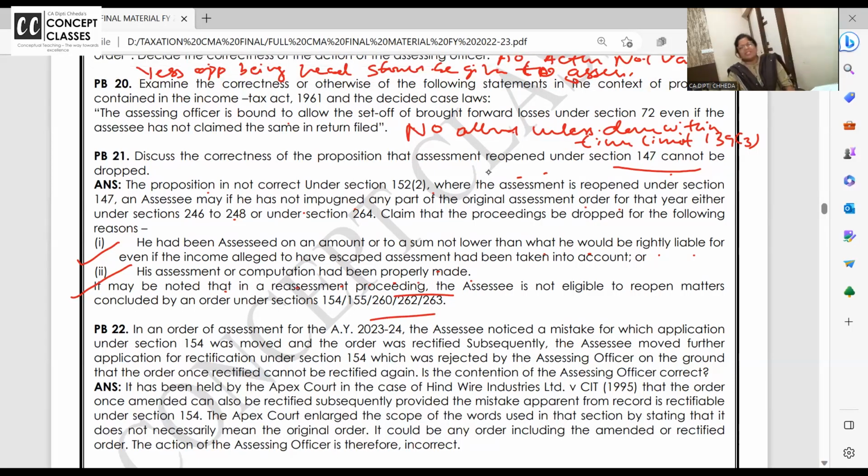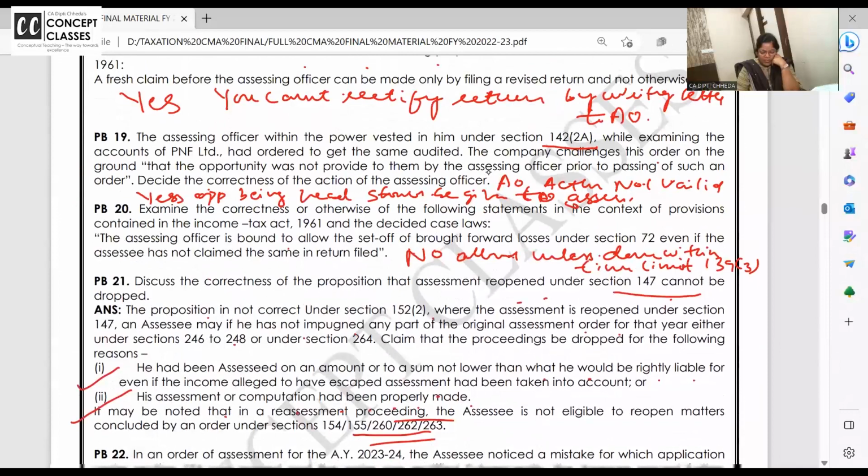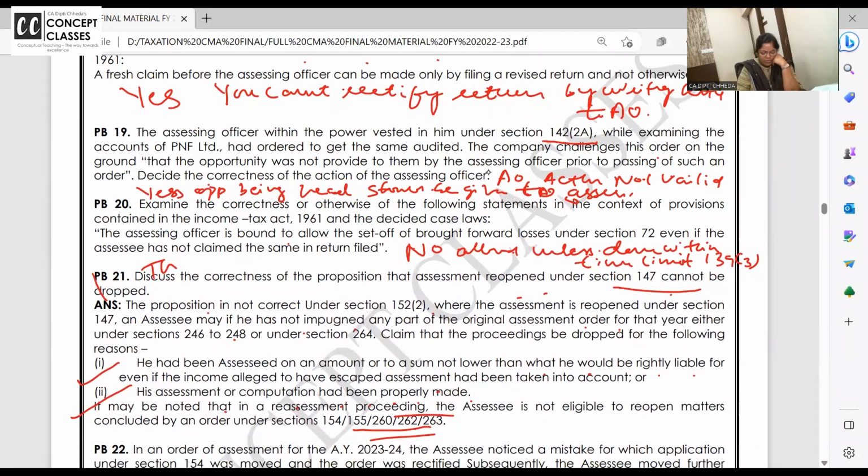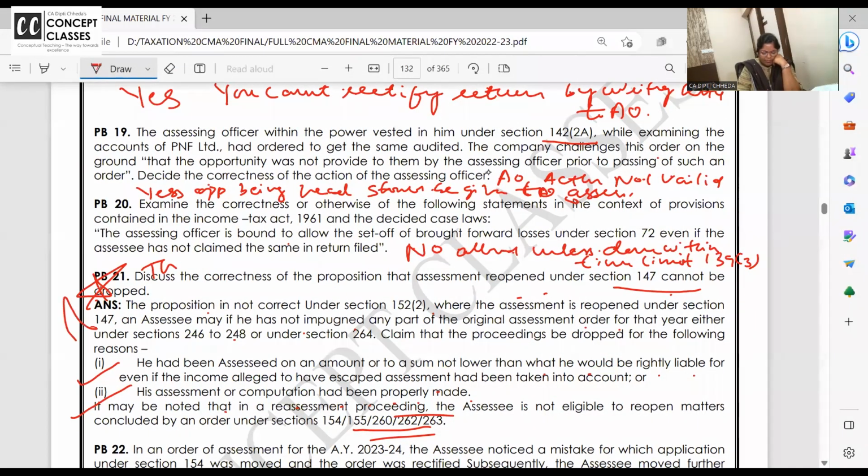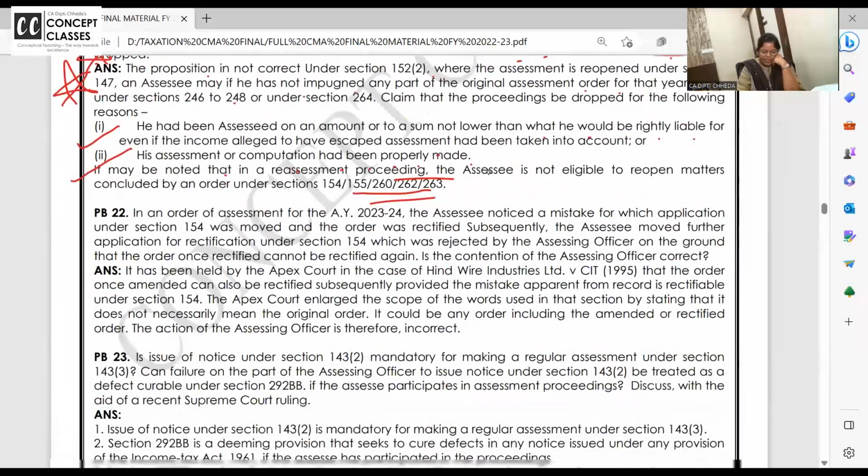Reassessment is happening somewhere, and the higher authorities have it, and you are already ending up paying more tax, then can your assessment under 147 be dropped even if they have solid proof that income has escaped assessment? Answer is yes, it will be dropped. A good question, the expectation of this question also coming in the exam, very important. It can be dropped.